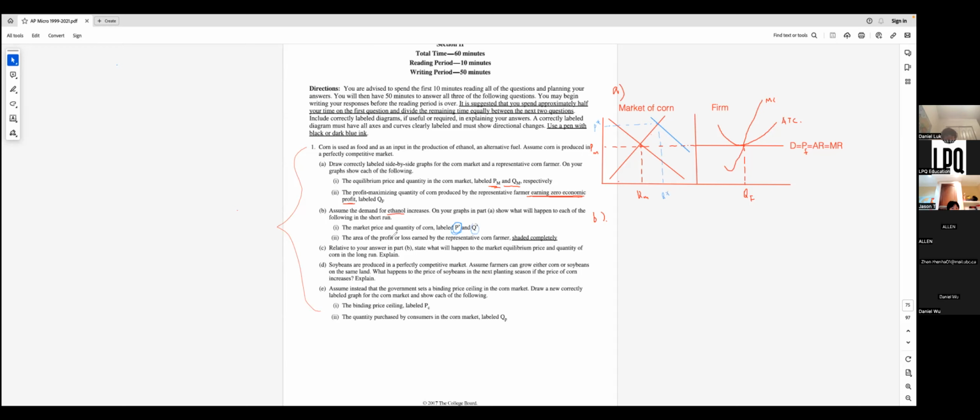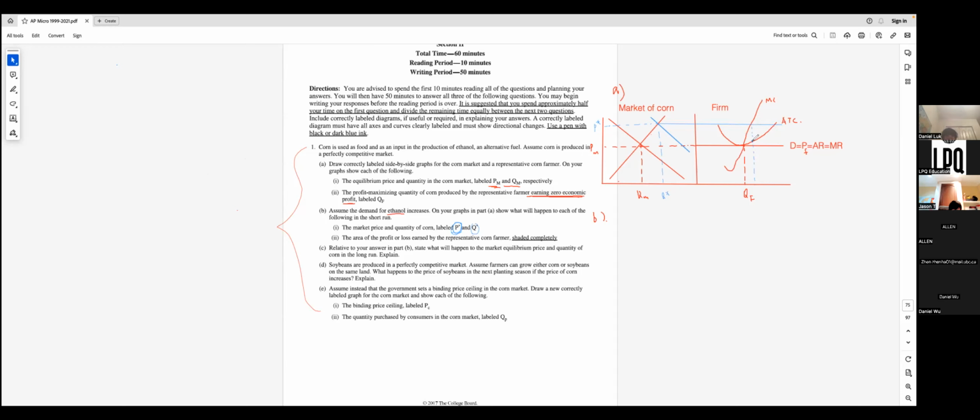The area of profit or loss earned by the representative corn farmer. Okay, the first step is to know the firm will produce more, right? Because once again MC remains unchanged.